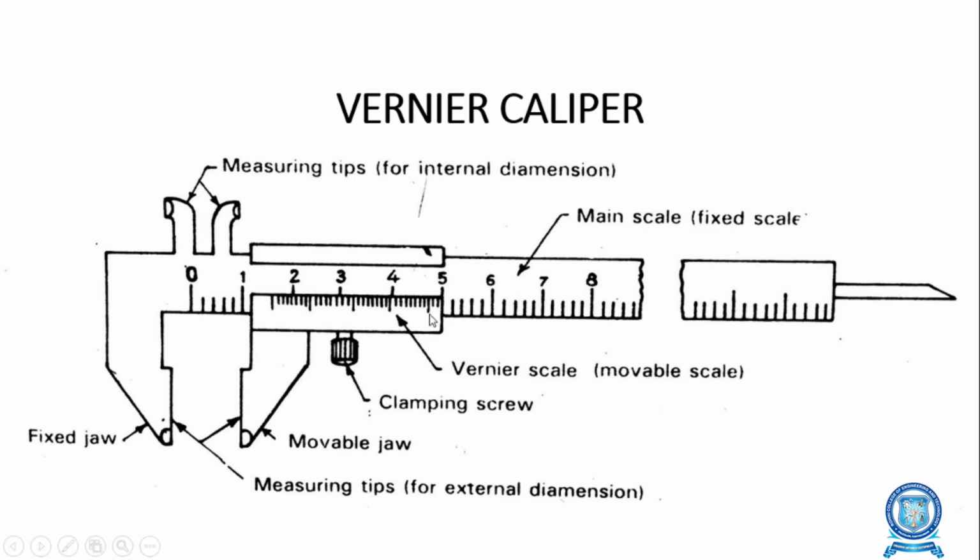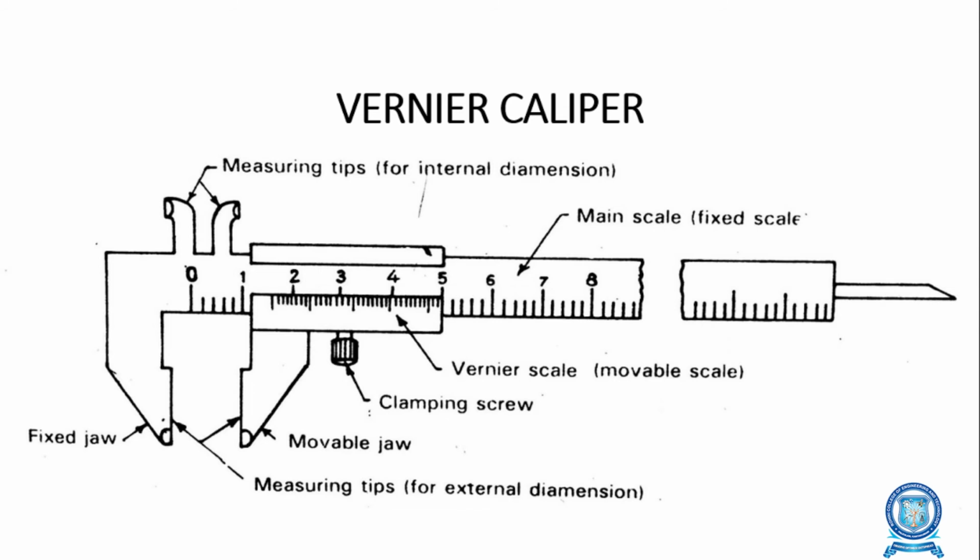During the measurement, the fine adjustment of the movable jaw is done by adjusting an adjustment screw. At the same time, both the jaws should touch the part to be measured. After doing the fine adjustment, lock nut B is tightened.